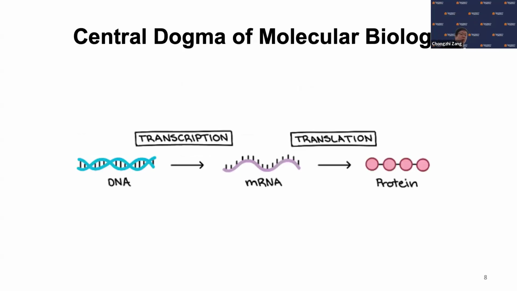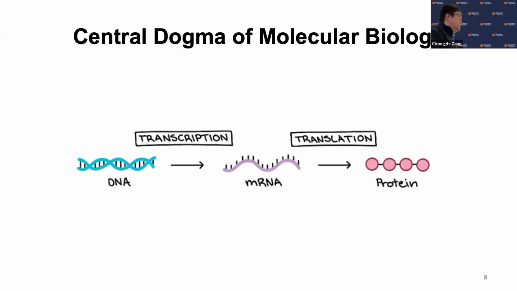As one way to understand why transcription factors are important in molecular biology, we all know the central dogma tells us that information flows from genetic information in DNA to RNA through a process called transcription, and to the structure of the protein through a process called translation.